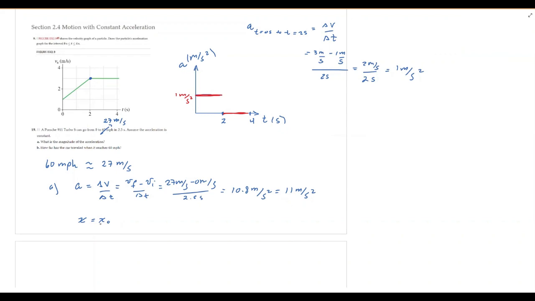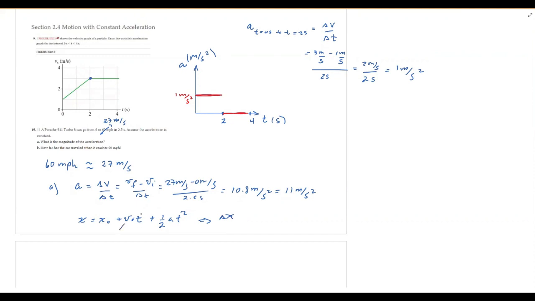This is a measure of how far the car has moved or traveled in this interval of time, plus v sub 0 t plus 1 over 2 a t squared, right? If I bring x sub 0 to the left, as I said, this would be a delta x, so it's the variation in position, the distance that has been traveled.